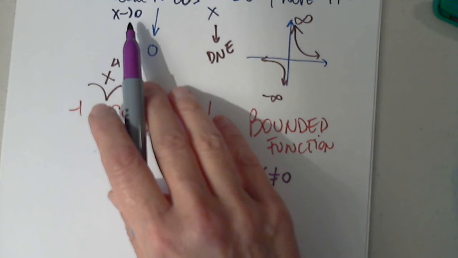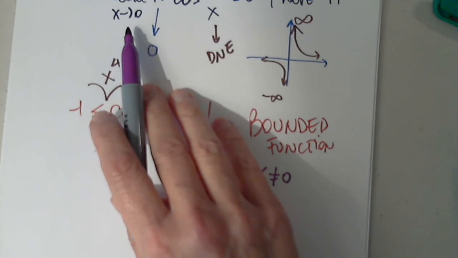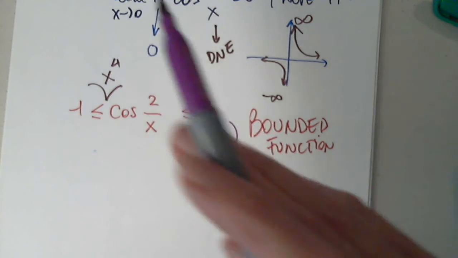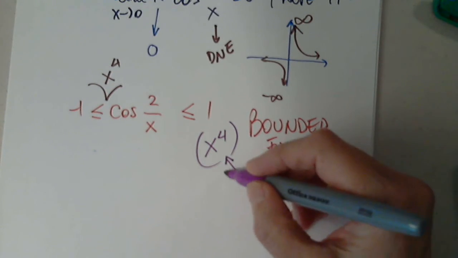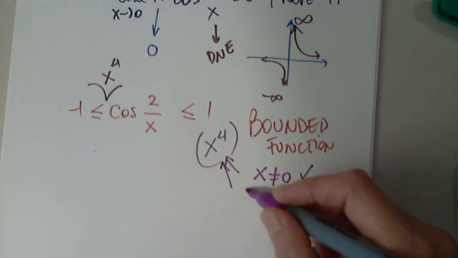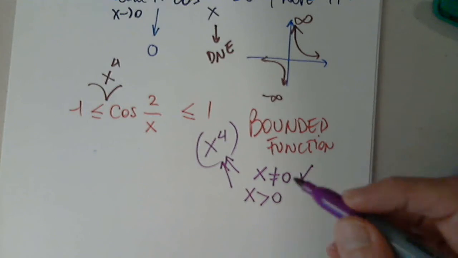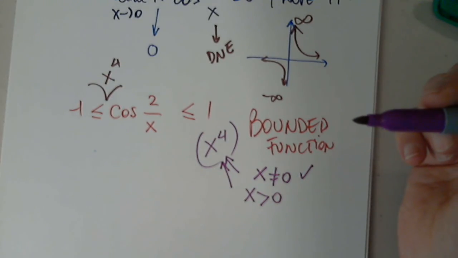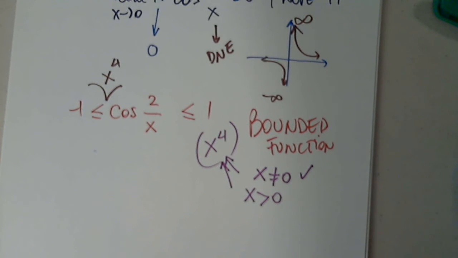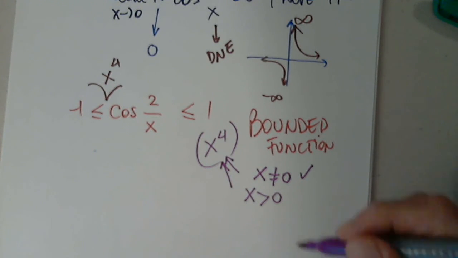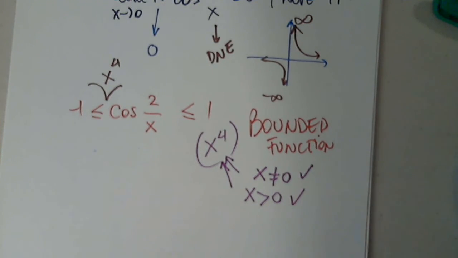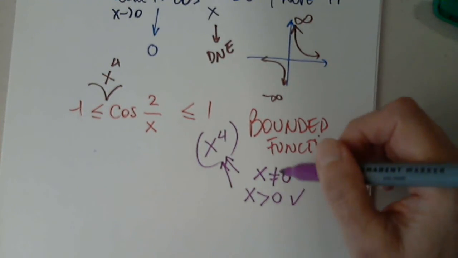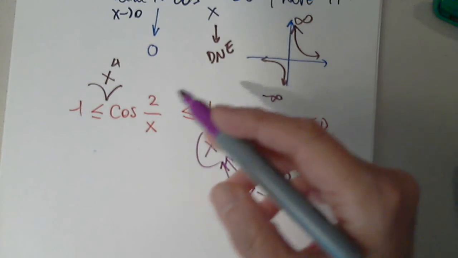What do we mean by that? That x is not 0. So that is fulfilled. Also, the same quantity has to be positive. Because if it's not positive, I have to switch the inequality symbols. Is it positive? Yes. No matter what, x to the 4th is always positive. So these 2 conditions are fulfilled, so then I can go ahead.